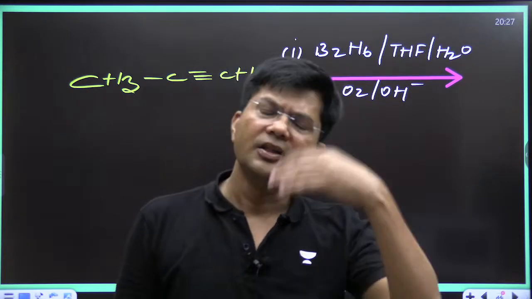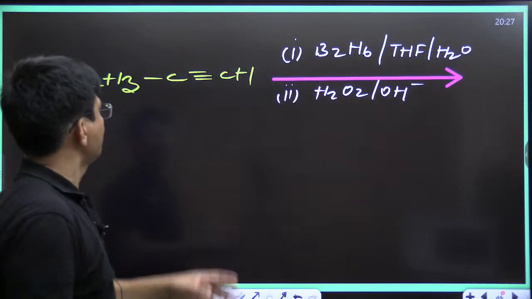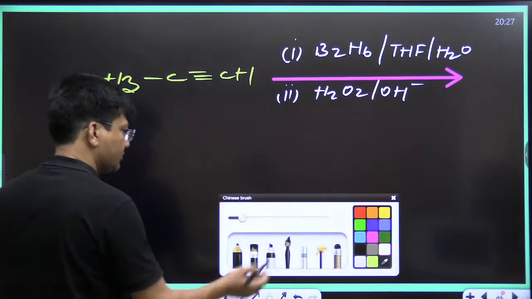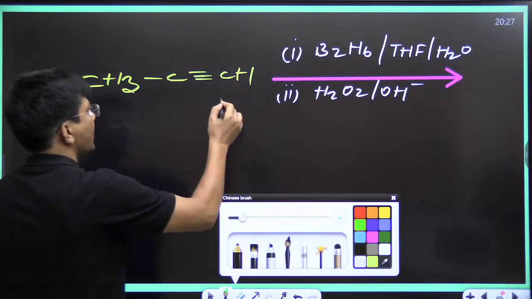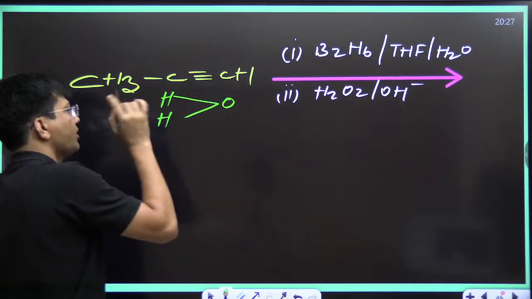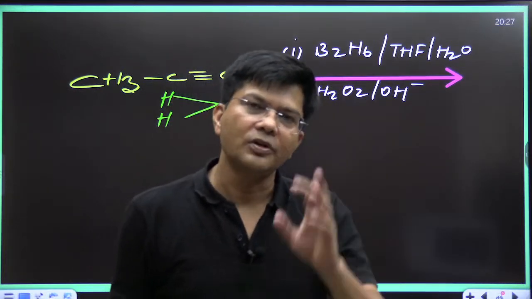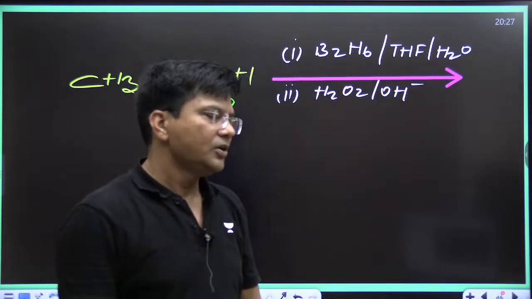You will get an enol, then you can tautomerize. Or you can apply the shortcut rule, because no rearrangement is going to take place. You can directly apply anti-Markovnikov, just opposite to what you did in Markovnikov's rule.